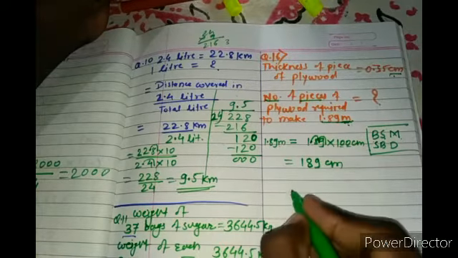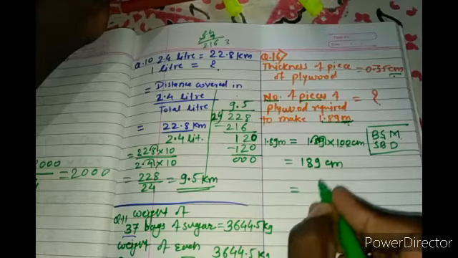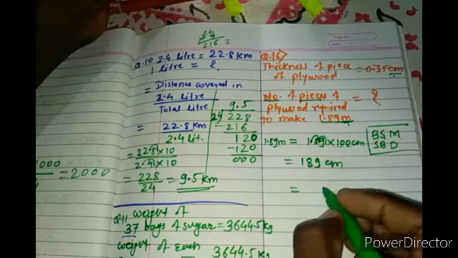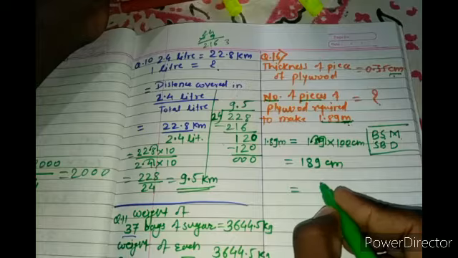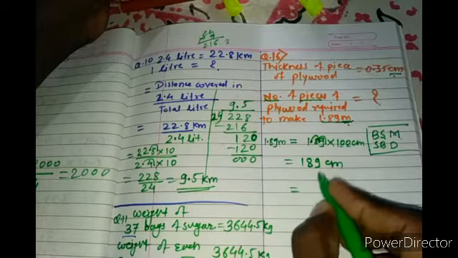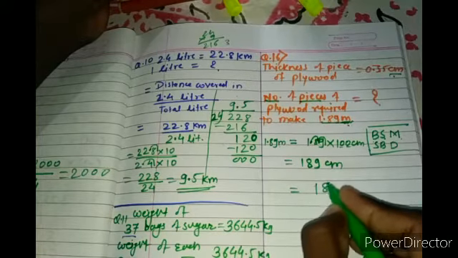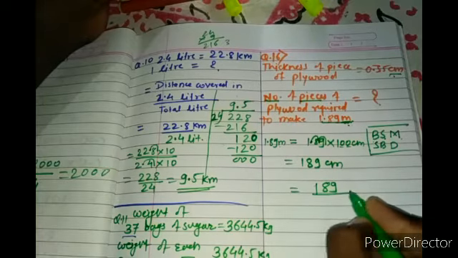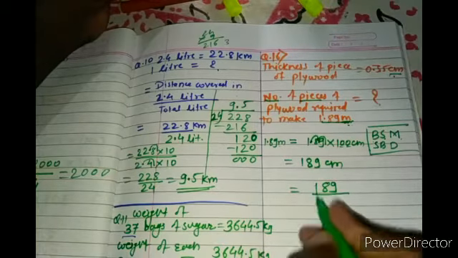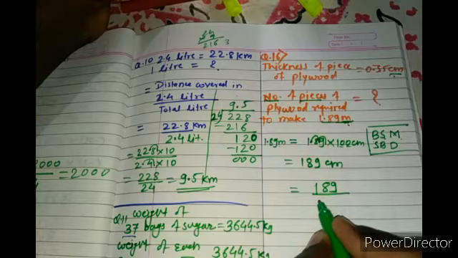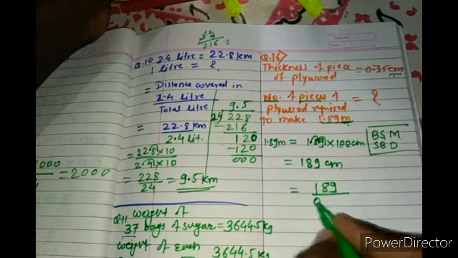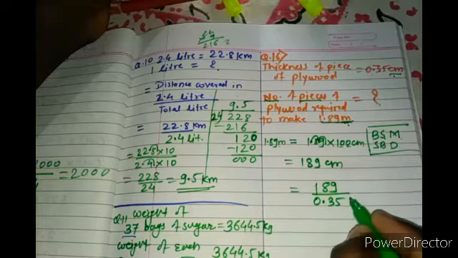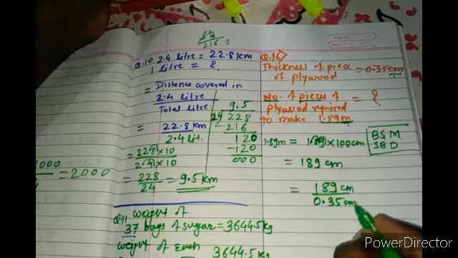Now the number of pieces we require is equal to the height of the pile, that is 189 centimeter, divided by the thickness of one plywood, that is 0.35 centimeter. Both are in centimeter.